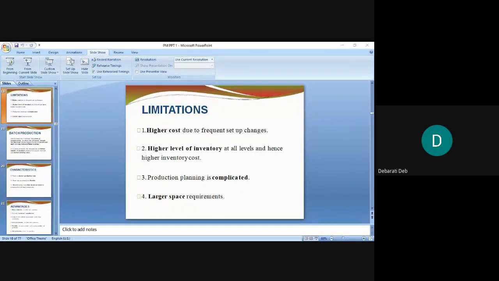Okay. So, are you clear about the characteristics, advantages, and disadvantages of job shop production? Let me give you some examples. Suppose a printing shop is there.